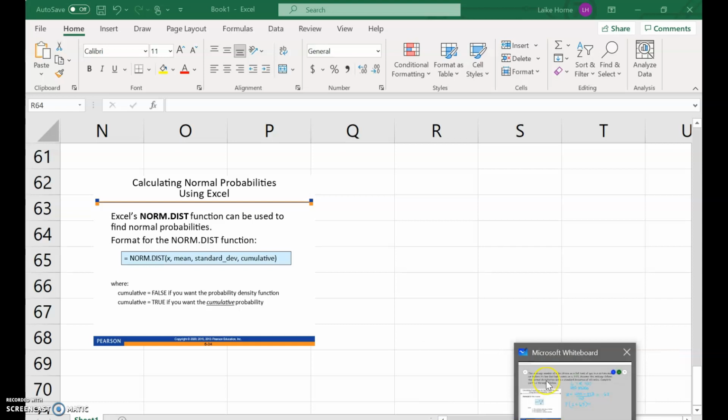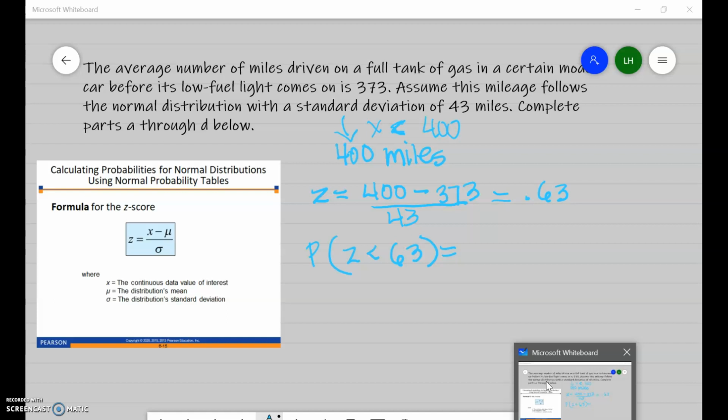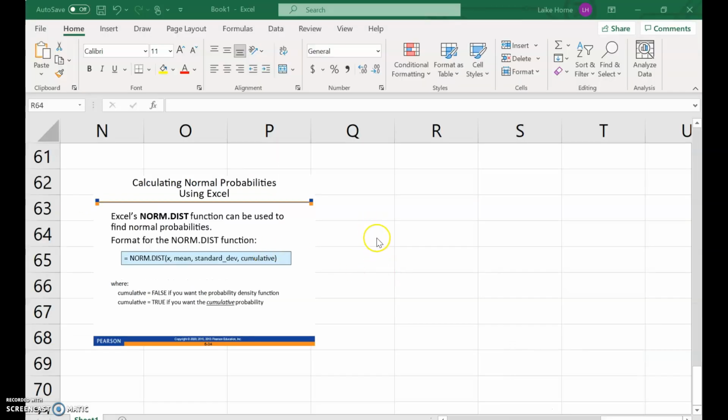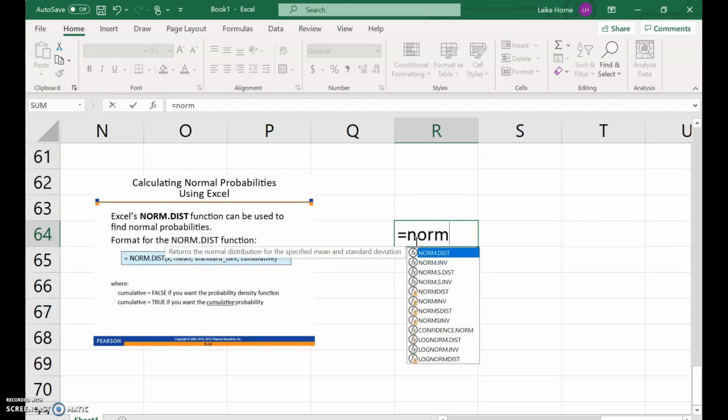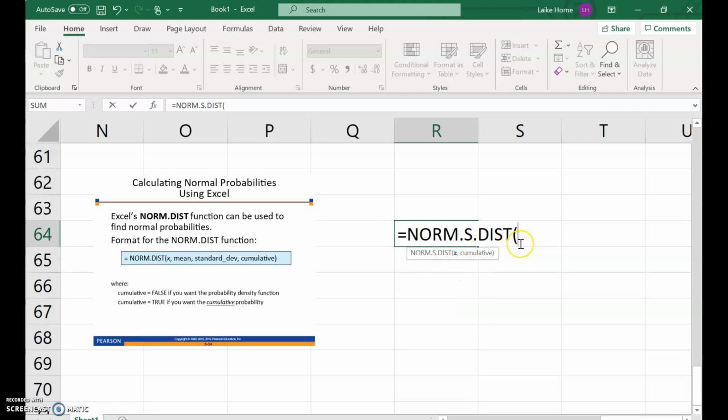So the way that we do that is, technically you don't have to convert it to a z-score. You could technically skip that step, but I do want you to know how to convert it to a z-score. Actually, let's use norm.s.dist so I can show you with the z-score, because they want us to use technology and put the z-score in as 0.63.